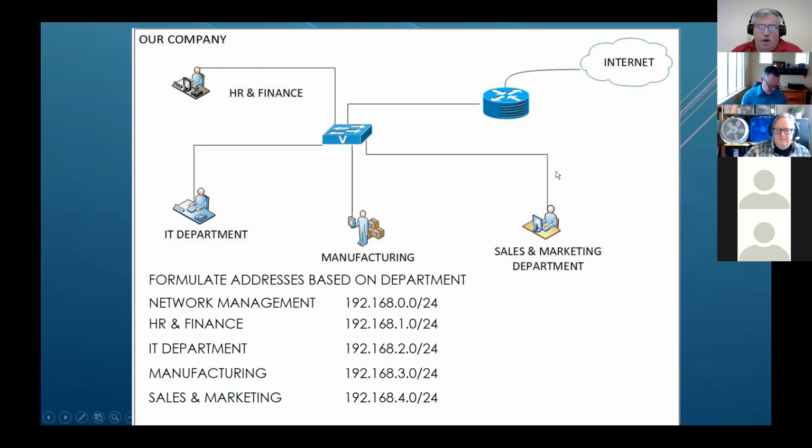Right, and you could even put other switches in each of these departments as well, separating them out by floors in a building or something like that. And it would all talk on layer 2 until it hits the router, where it would then get translated to layer 3.